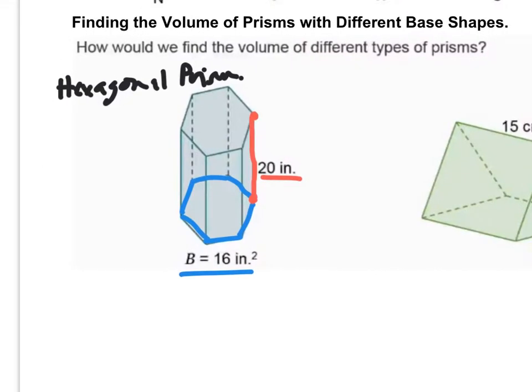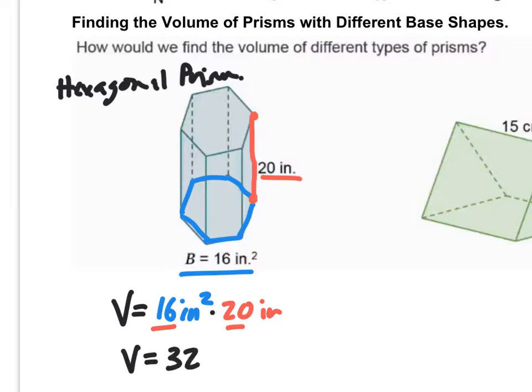So then my volume is going to be 16 inches squared times 20 inches. If I take 16 times 20, that's 320. So my volume is 320.